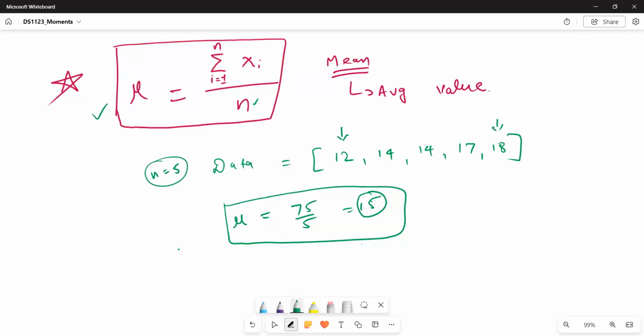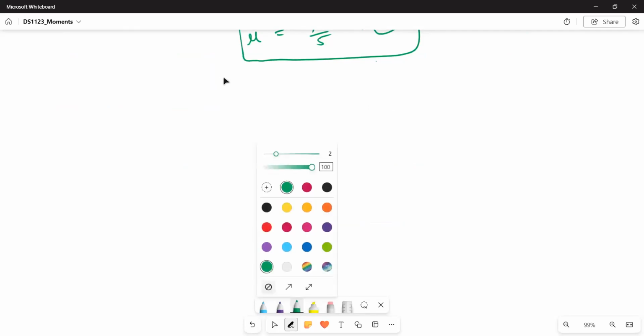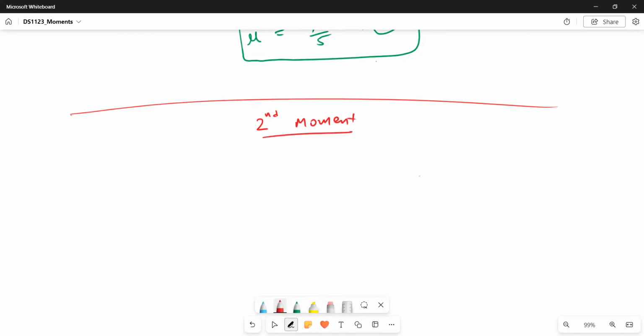Now, moving on to the second moment. The second moment is nothing but variance.